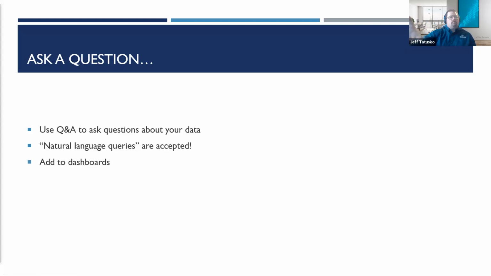Once you get these Q&A questions set up, it's really nice because not only do you have the ability to ask questions about the data, but you can actually add the results to your dashboards. So even if you say top 5 most populous classes, it might show you a number, or a table or a chart or something along those lines.